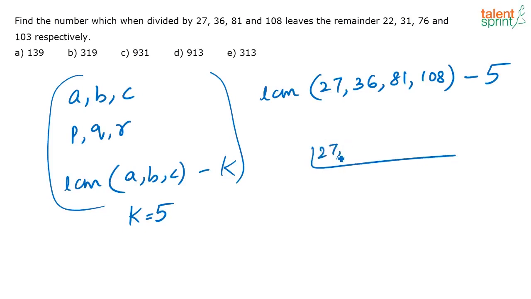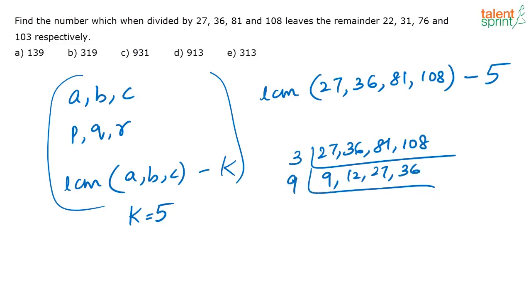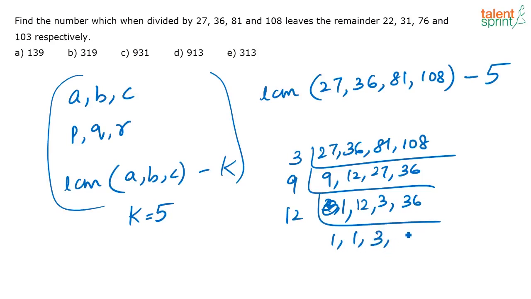To find the LCM, you have to use this method only, with 27, 36, 81, 108. Dividing by 3, 9, 12, you can put 9 here, and then 12. You will have 1, 1, 3 and you have 3 threes.